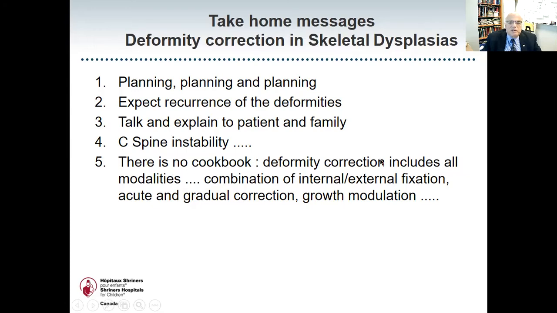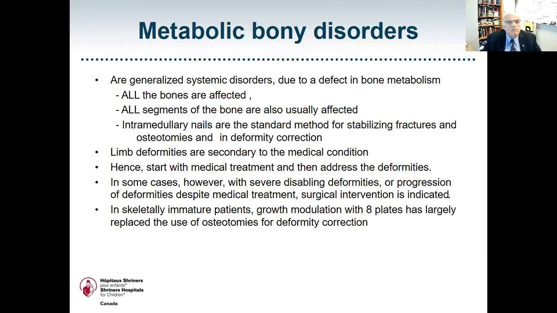However, you should be aware of all the modalities, of all the options that you have before embarking on correction of these deformities. The second part of our talk is on the metabolic bone disorders that also cause very specific types of deformities.